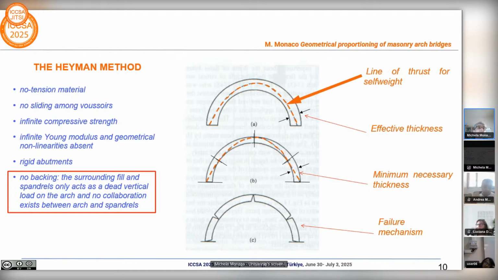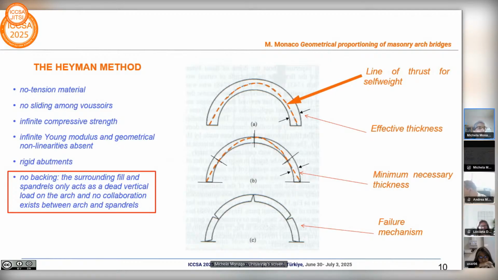In general, it is not said that the first three are always considered. The material has no tensile strength. There is no sliding among the voussoirs. There is infinite compressive strength. Geometrical nonlinearities are absent. Infinite Young modulus.